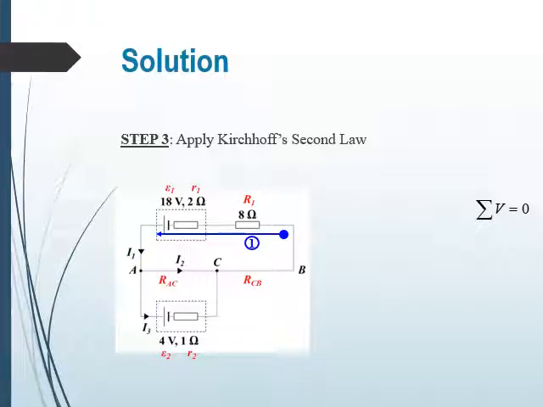In this case, both of them are going to be negative values because your I1 and the loop are pointing toward the same direction. And as it passes through EMF1, since it is moving from the negative terminal towards the positive terminal, it is going to experience a potential rise. Thus, we have positive EMF1.